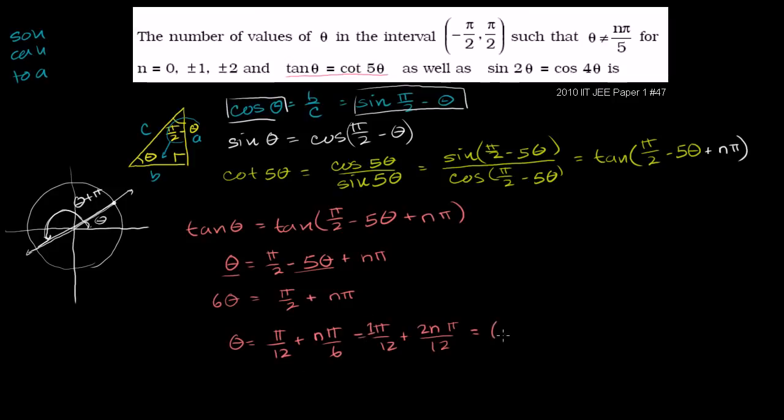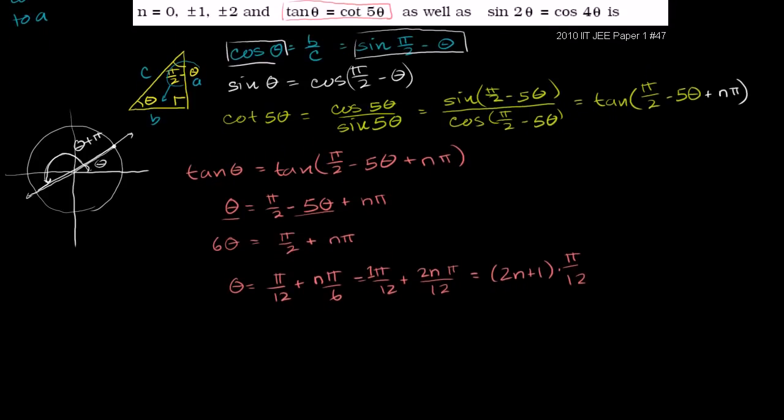This is the same thing as 2n plus 1 times pi over 12. So that's all of the solutions for this first equation right over there. Now let's do the same thing for this second equation, and then we'll see where they overlap in this range, and we'll take out anything that satisfies this criteria right over here.